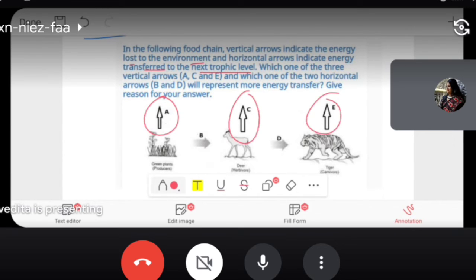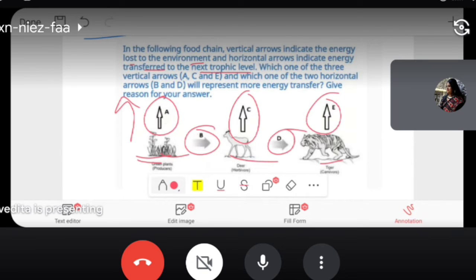These plants or animals are producing energy and transferring it to the environment, or to the next level. And the horizontal arrows indicate the energy transfer to the next level. These arrows mean they are transferring their energies to the next level.